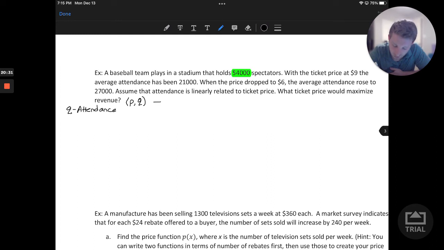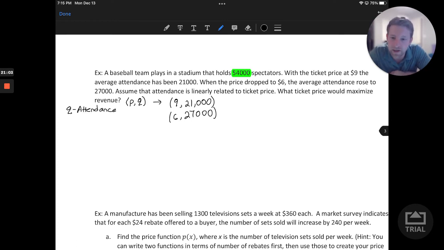The first point is a price of $9 and an attendance of 21,000. And then we have a price of $6 and 27,000 fans. Now, these are pretty low prices, but you can see how this could apply to any sporting event that generates revenue from ticket sales.